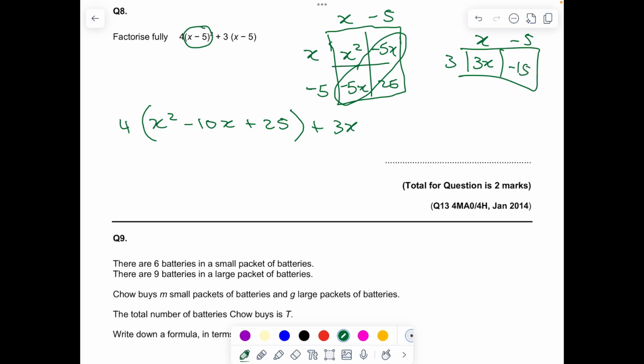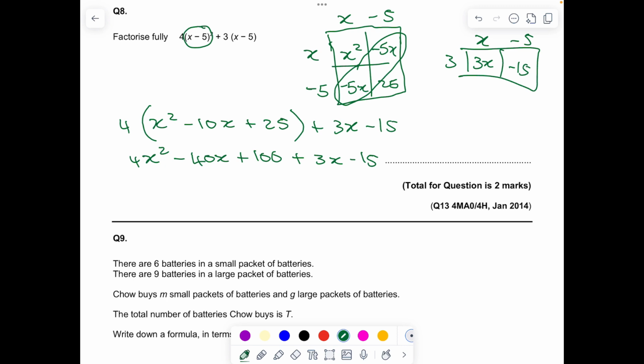So 3x minus 15. 4 times x squared is 4x squared. 4 times minus 10x is minus 40x. And then 4 times 25 is 100. And I've got the plus 3x minus 15.